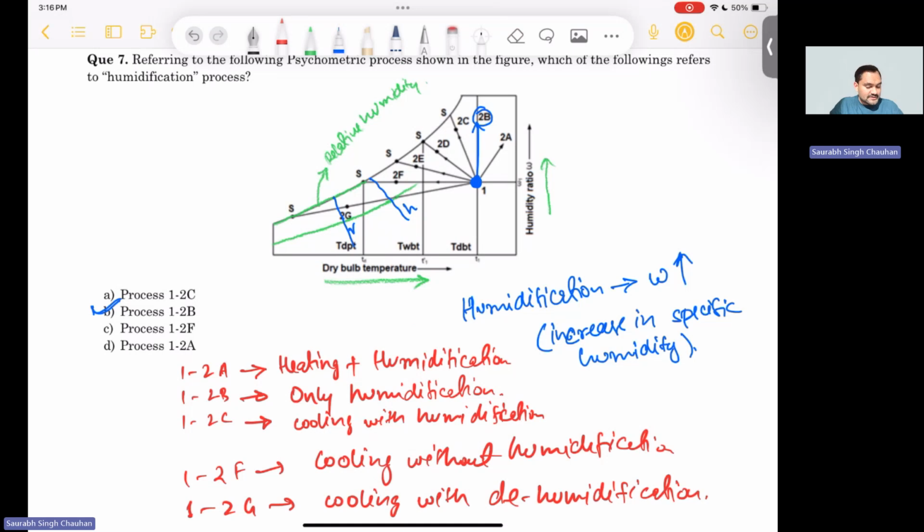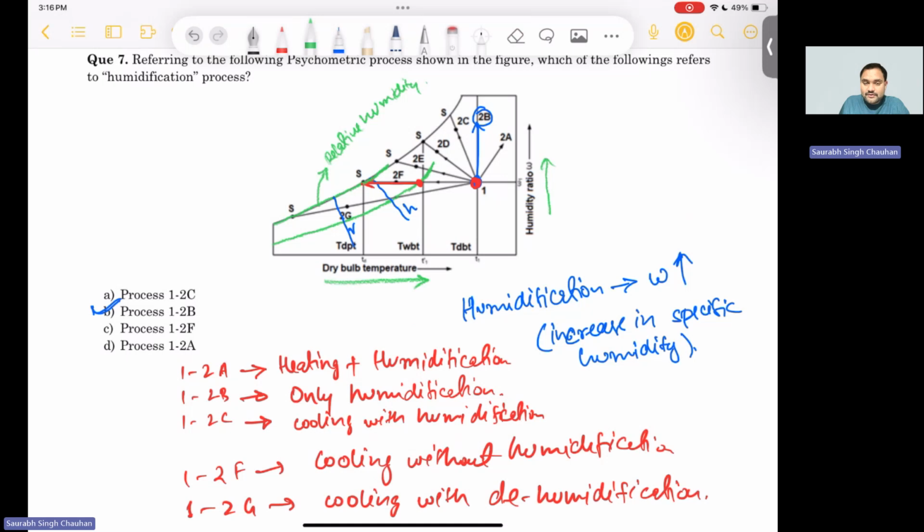At the reduced temperature, the relative humidity will increase. For example, if you see in this diagram only, if you go from point 1 towards point 2F, what you can see is, from this point to this point you will reach, and these green lines that I have made, these are relative humidity lines. So if you do only cooling, then relative humidity will increase.